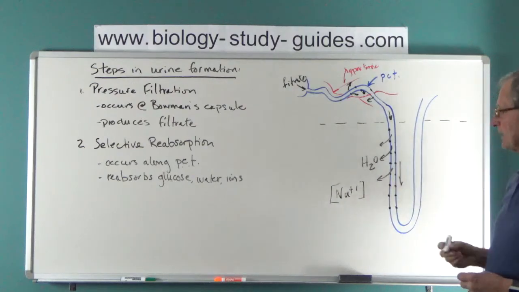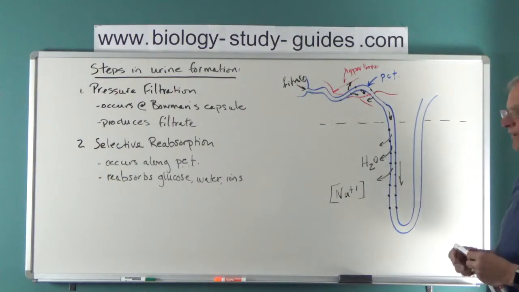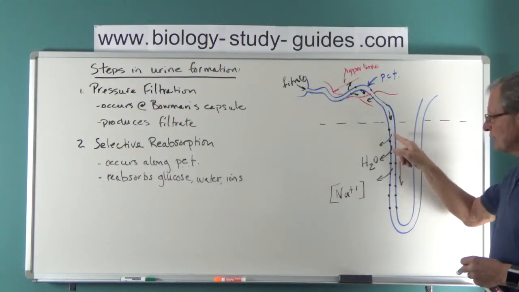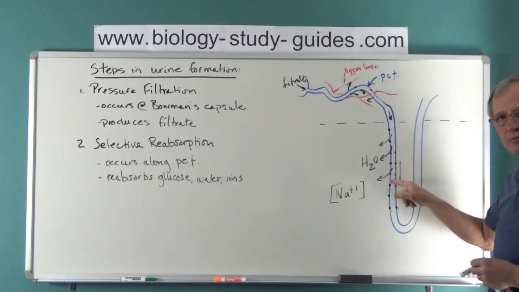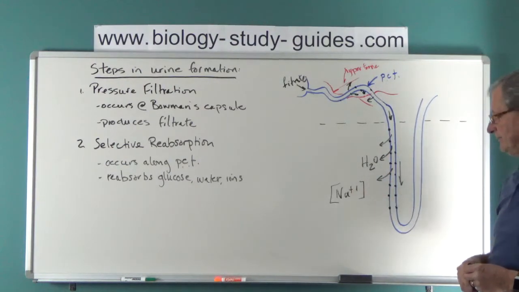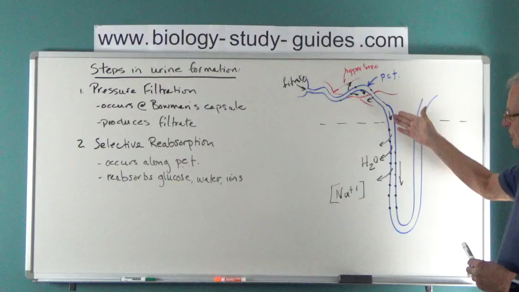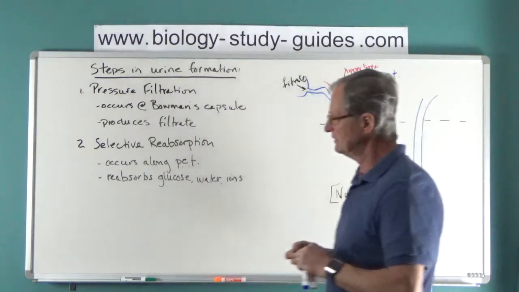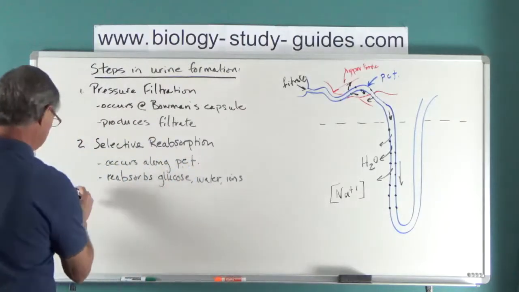So a lot of water gets withdrawn on the descending side of the loop of Henle because of two features: because of the transport proteins that are in the cells that line the tubule, and because of the high sodium concentration here. This process here I simply call water reabsorption. So that's the third step here.